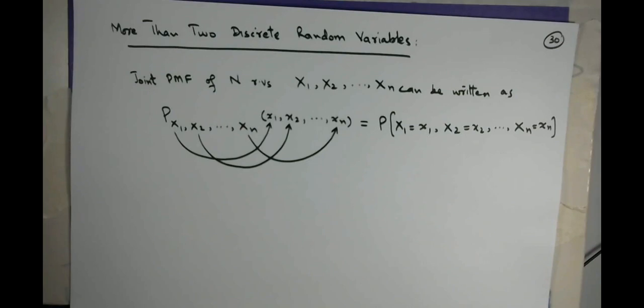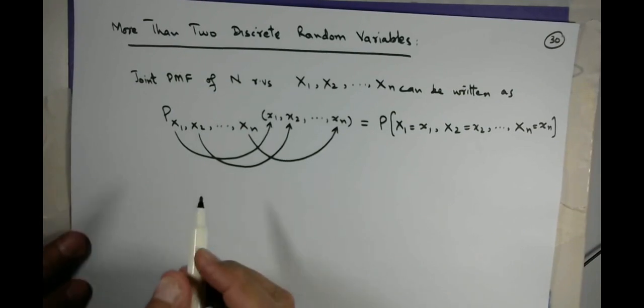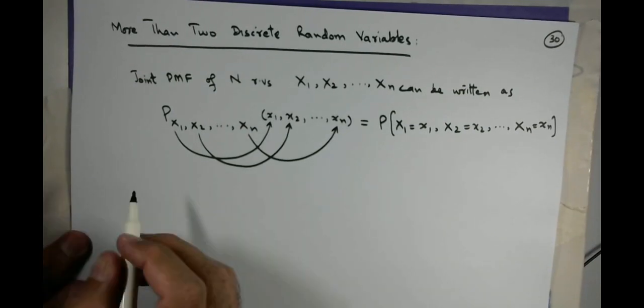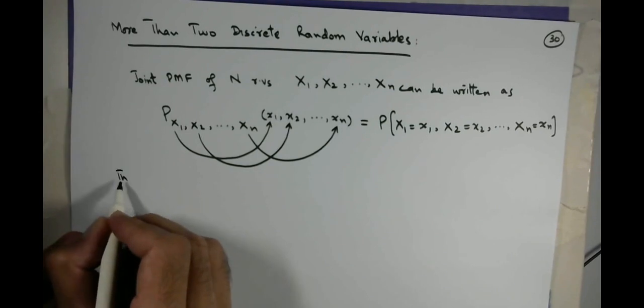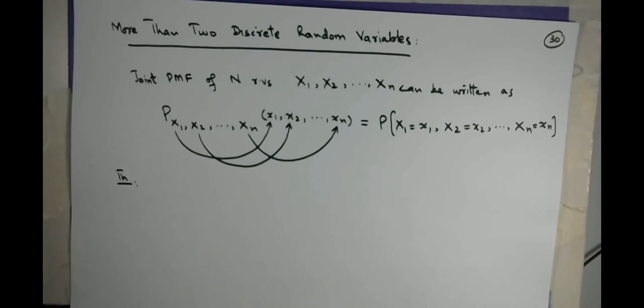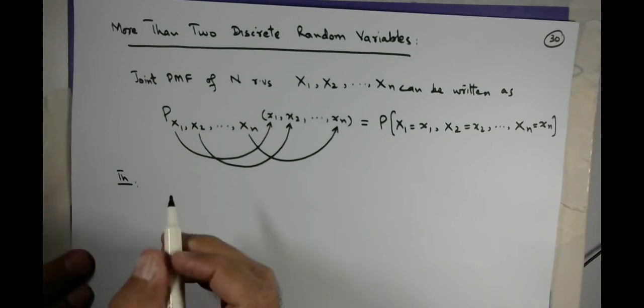Now, consider an experiment with 4 random variables, just as an example. So, how to find marginal distributions of some variables from a giant distribution of some random variables.